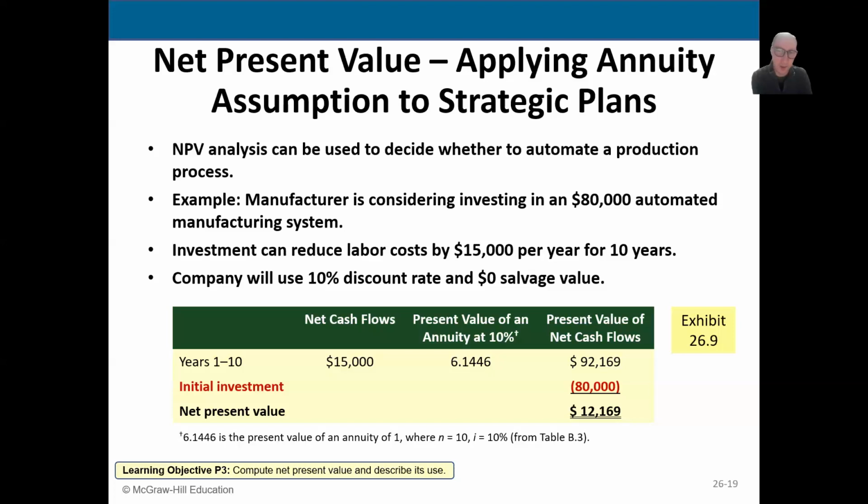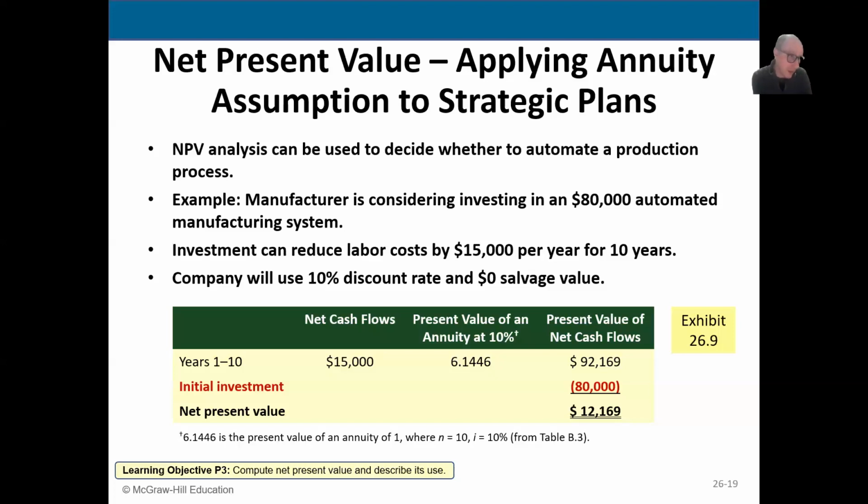At 10%, the present value of the annuity factor is 6.1446, found on the table, where the number of years is 10 and the interest rate is also 10. That gives us a present value of the net cash flows of $92,169, which is 6.1446 times the 15,000.